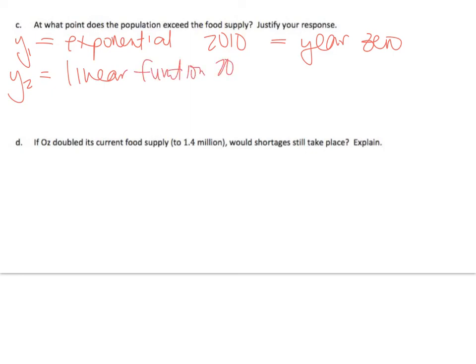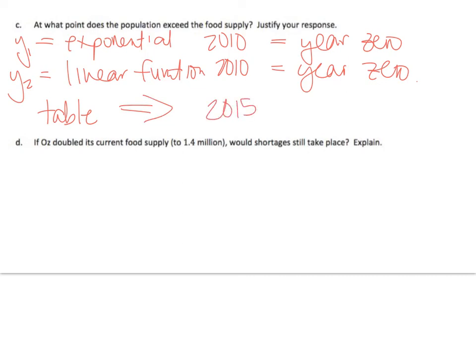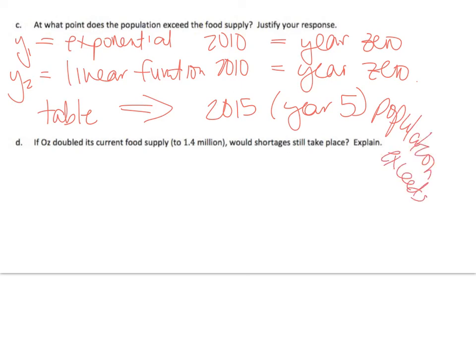Also going to start that in 2010, which I'm going to make year 0. And when I plug those both in, I'm going to check my table. I'm going to see that in year 2015, which for 2010 is 0, 11, 12, 13, 14, 15, year 5. So in 2015, the population exceeds the food.